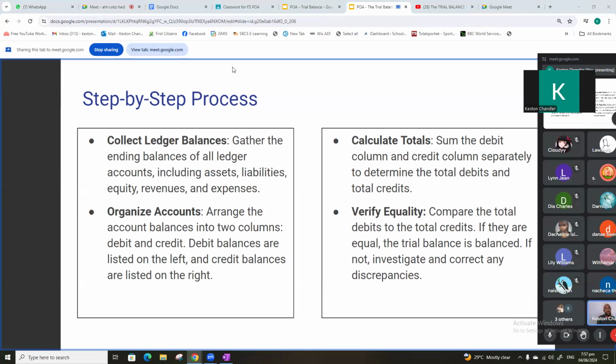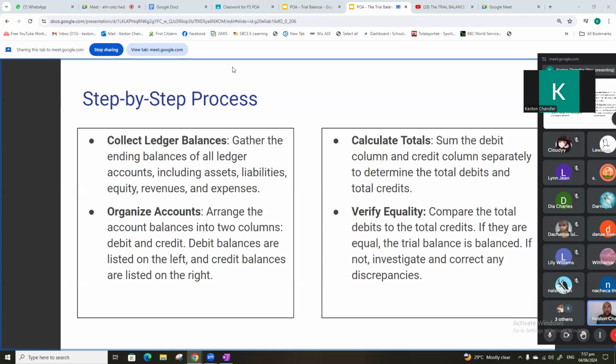After you list them in this manner, and I'll show you an example just now, you're going to sum all in the debit column and sum all in the credit column separately to determine the total numeric value of all your debits and the total numeric value of all your credits. And then finally, you're going to verify that they are equal. You're comparing your total debits to your total credits.